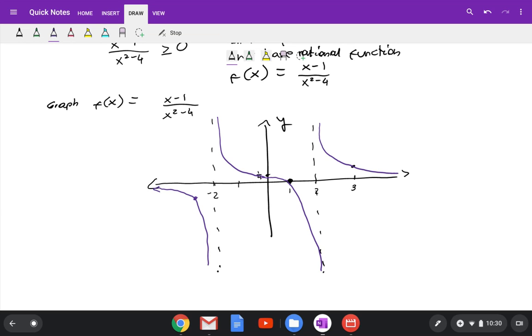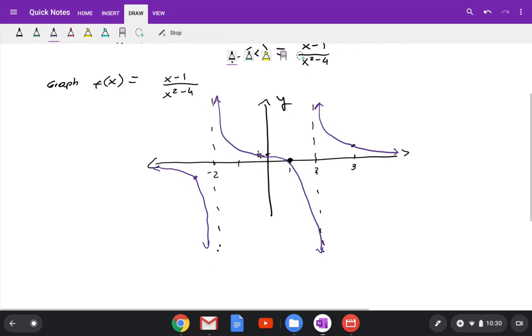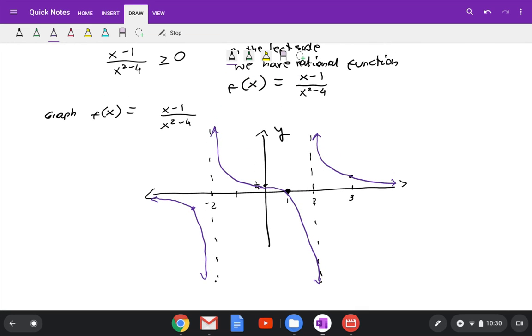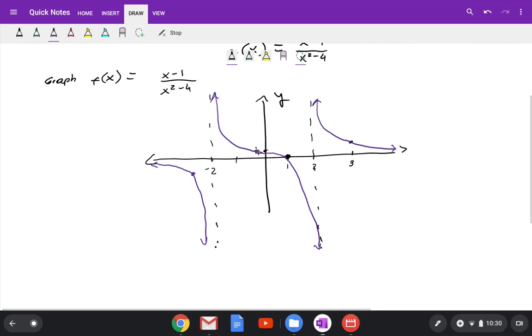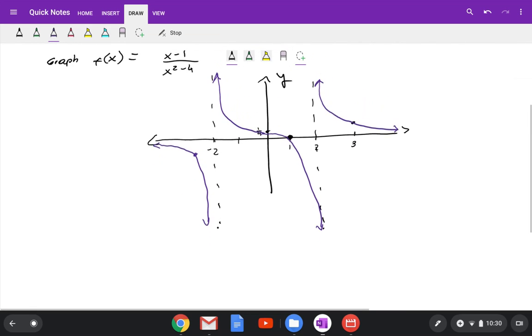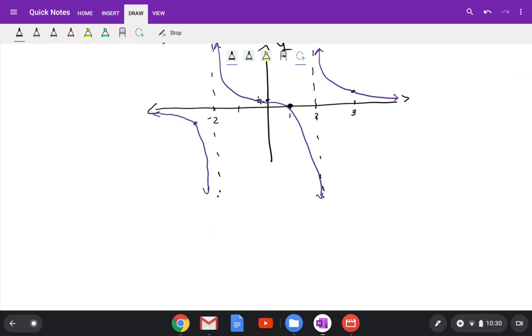So I just sketched the graph in purple. So rational functions, like you see, they're not continuous. The domain is also restricted. So that's for rational functions. You guys, we will spend a lot of time on learning them.